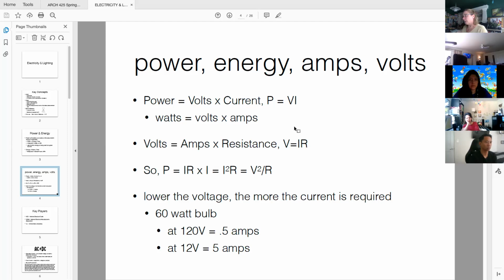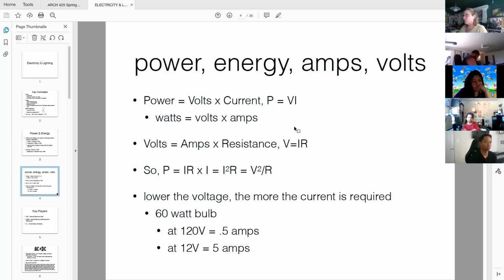So our power is going to be all three of these. Volts equals amps times resistance, and amps is your current. So the watts is going to be your amps times resistance times amps.